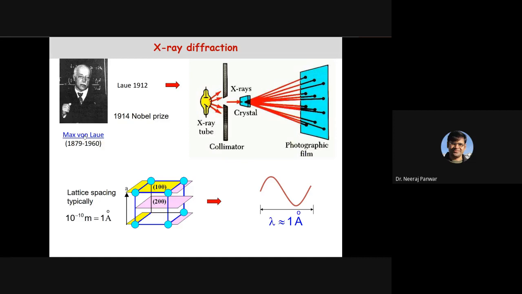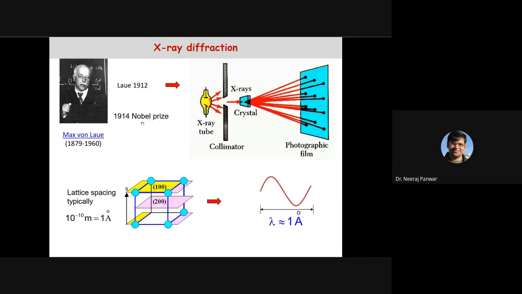The Nobel committee again formed the same medal from the same gold that was dissolved in aqua regia, and they again presented this Nobel medal to Max von Laue. Isn't it an interesting story? Yes, sir.